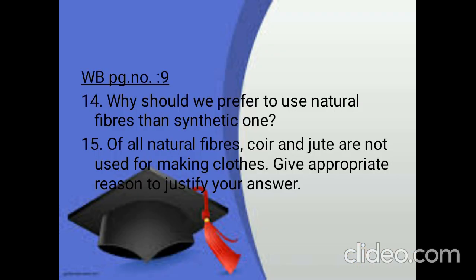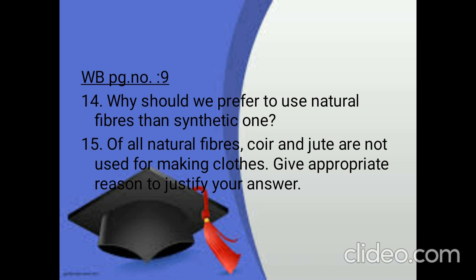page number 9 of your workbook, question number 14 and 15. Question number 14: Why should we prefer to use natural fibers over synthetic ones? Why do we have to use natural fiber rather than synthetic, right? And the 15th question is, of all natural fibers, coir and jute are not used for making clothes.